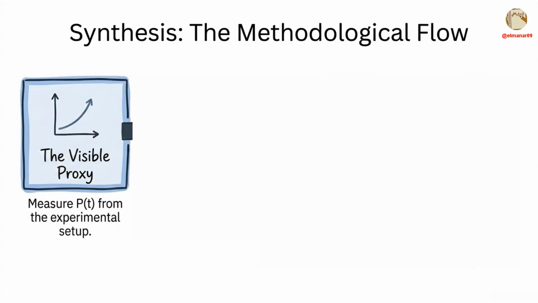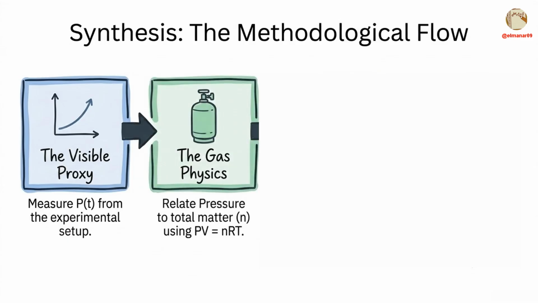Let's look back at our methodological flow. This is the how-to guide for any kinetics problem using pressure. 1. The visible proxy. We start by measuring something we can see, like pressure over time, P of t. 2. The gas physics.